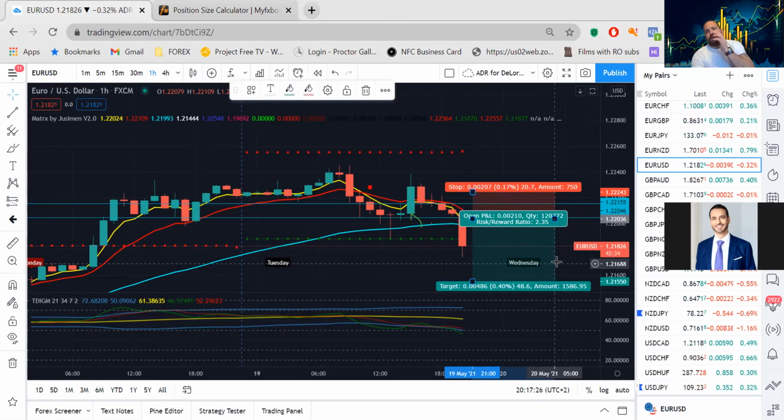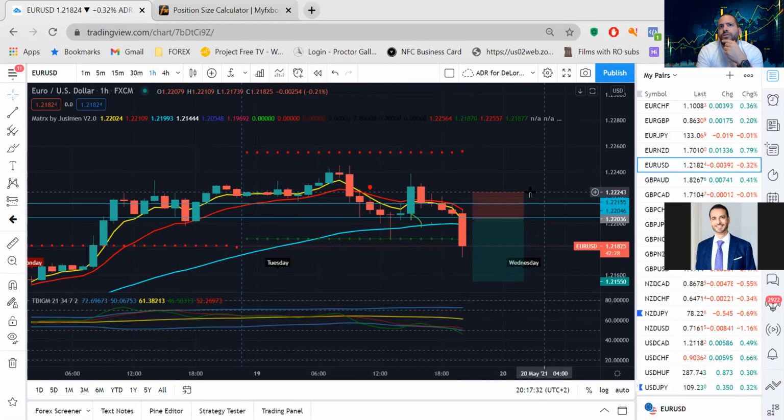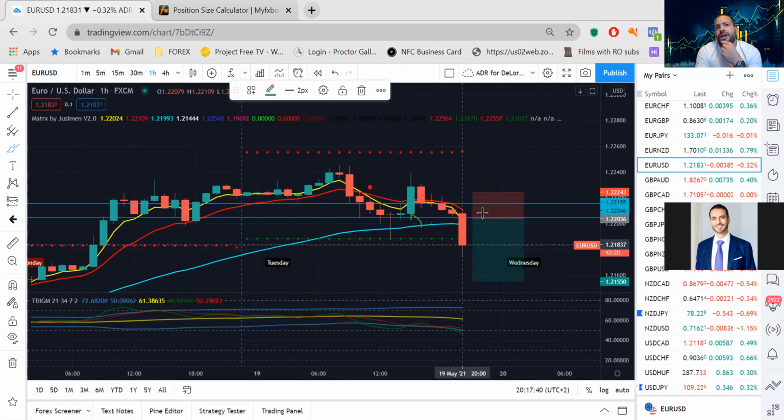Now, what do we see here? First of all, we have our stop loss. The red zone is our stop loss, which means that if price goes against our analysis and comes back up to here and gets to this point, our trade will close automatically and will have lost money.